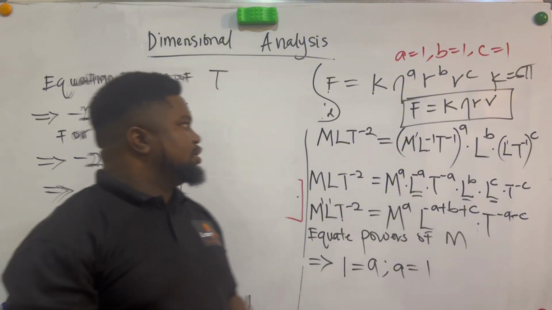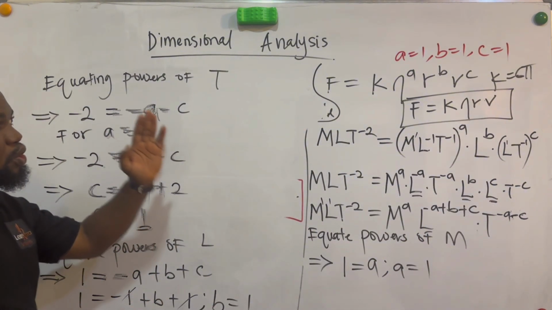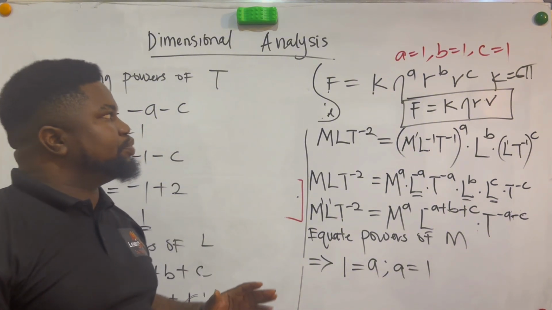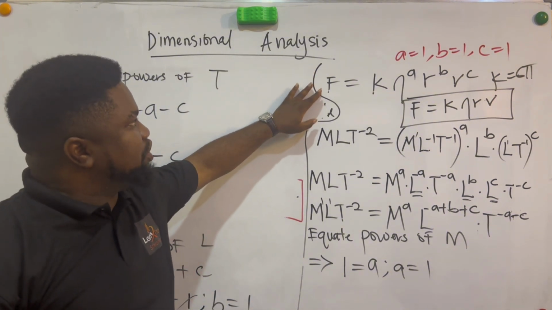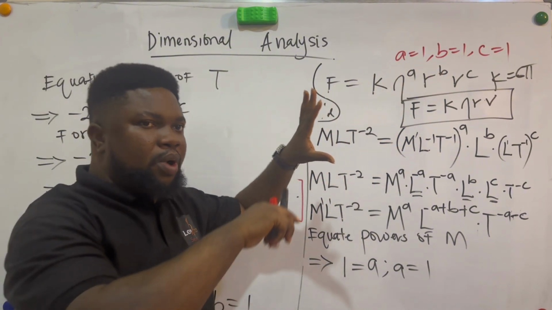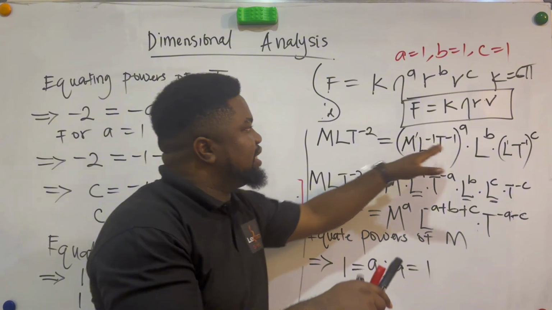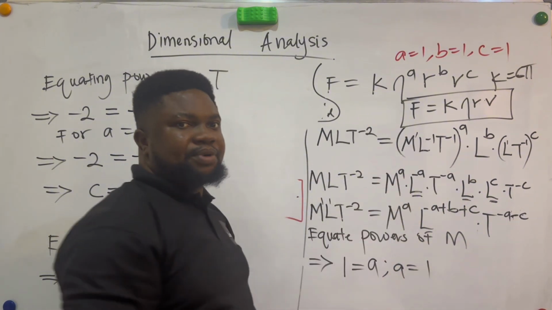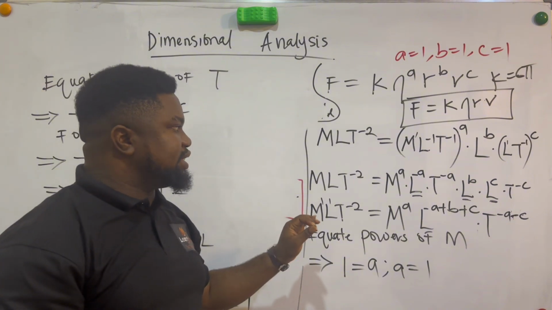Yes. So the method for dimensioning is simple, very simple. You put in dimensions of the quantities you have, put the ones that need brackets inside the brackets. If you're not sure, put all of them inside the brackets. Start equating the powers.